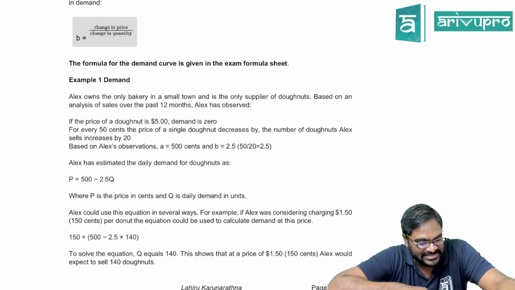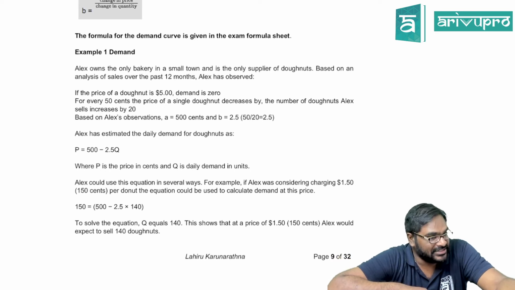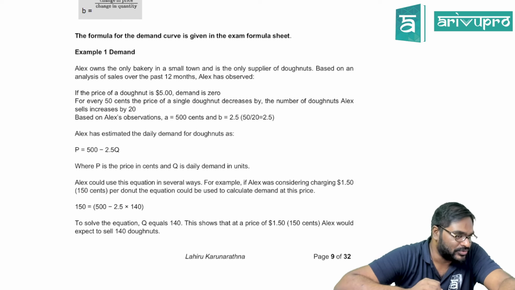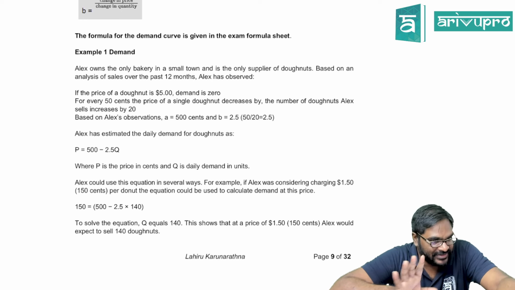So based on this, like we discussed, A is 500 cents. $5 means 500 cents. B would be 50 divided by 20, which means 2.5. So his curve would be price equals to 500 minus 2.5 Q. 2.5 into quantity, 500 minus that would be the price. Are we clear? Not clear.